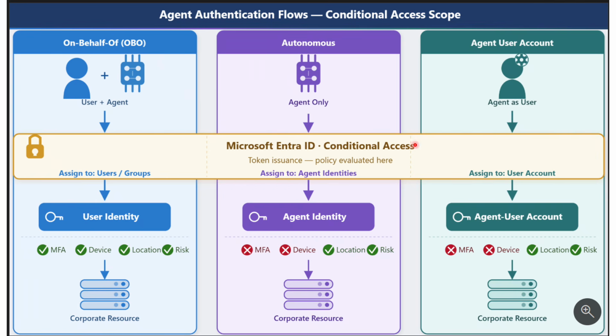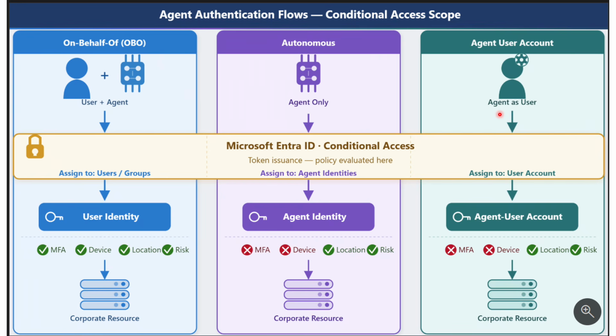Now, on the right, and the last one over here, is the agent user account. This is an agent acting as a user. So here, the AI agent has an associated user style identity. And this is useful when the agent needs something that requires a user account.